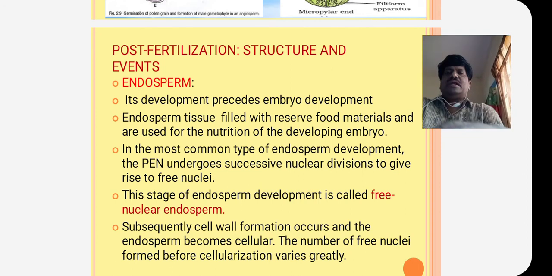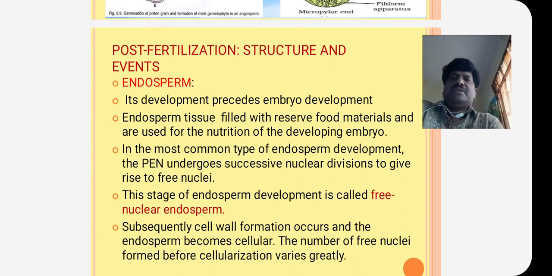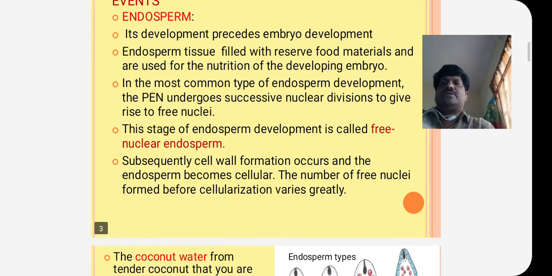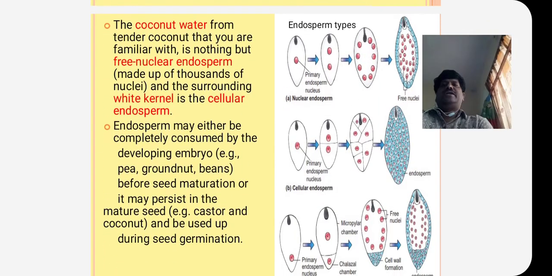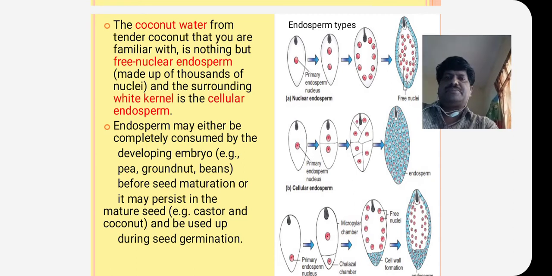And the last type is the helobial type of endosperm development; you can see it in the last picture here. The primary endosperm nucleus divides into two, and further division happens in the lower one, where you can see some nuclei, and some nuclei will form cells.